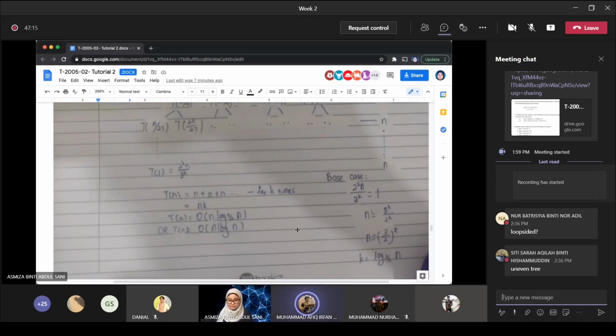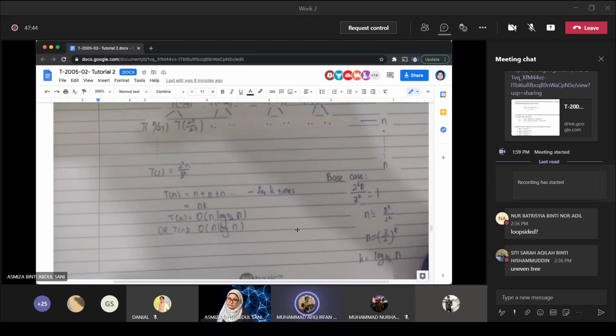Doctor, I have a question. Yes. So for this case, this is the uneven tree, right? So the branches are not equal. So for the last term, which is T1, should we take the biggest value, or how do we manage to get the formalized T1?